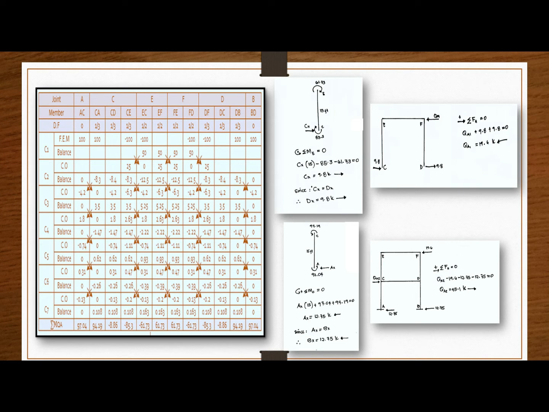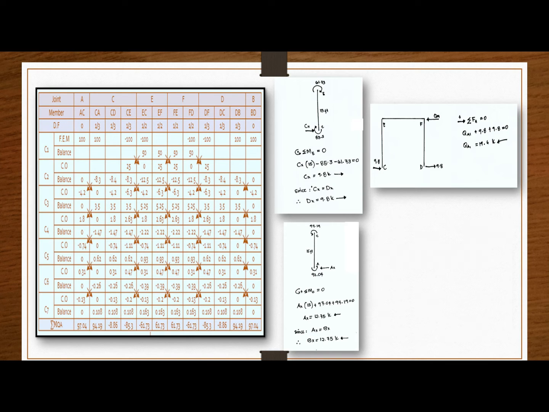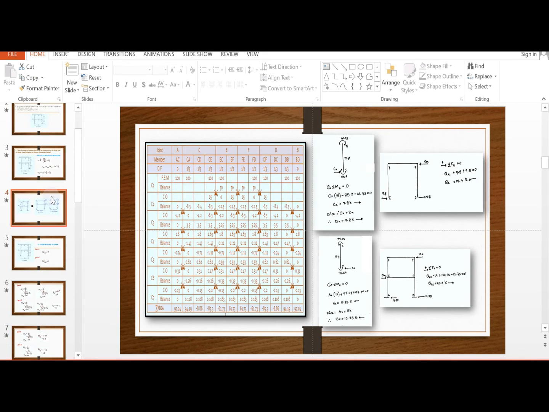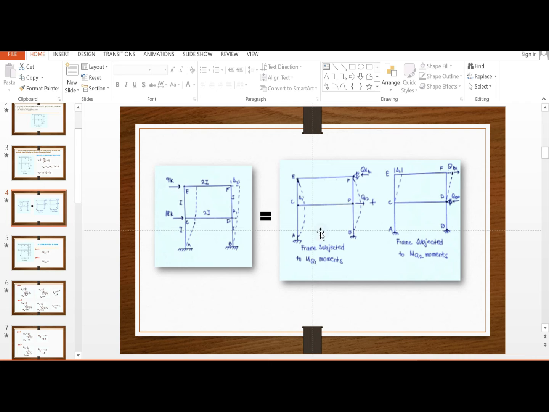This is sa first na figure natin, ito ang solvings ng MQ1.